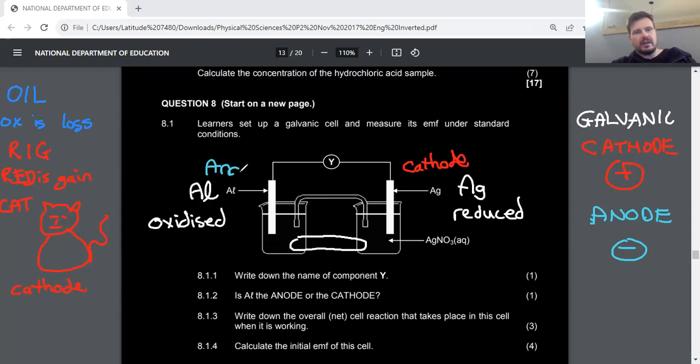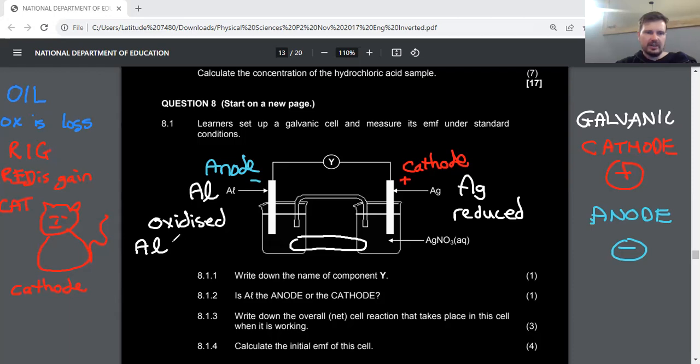And with a galvanic cell, our anode is negative. It's sort of intuitive, because if you anti something, you're negative. But that's not a good way to remember it, because we also know that the anode is positive in an electrolytic cell. It can be tricky. Okay, so then aluminium, if it's oxidized, it loses electrons.